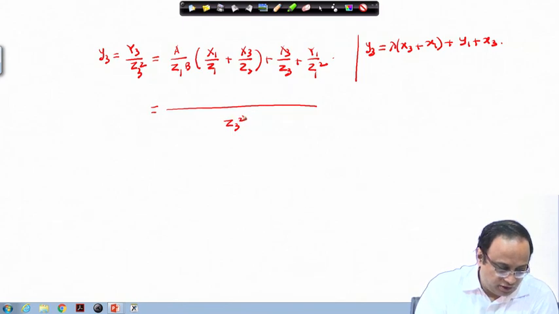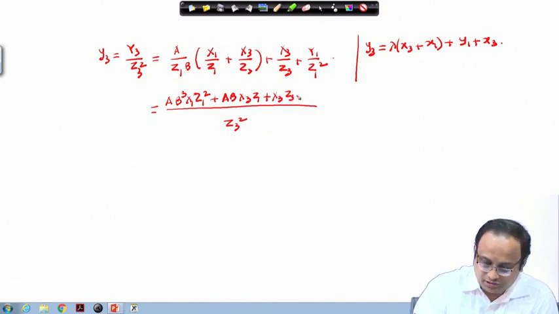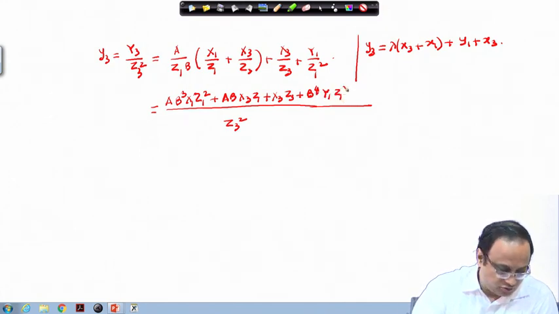So, Z3 square, and then writing this as AB cube X1 Z1 square plus AB X3 Z1 plus X3 Z3 plus b to the power of 4 Y1 Z1 square.